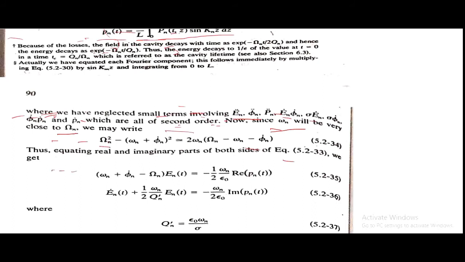Then we can write capital omega_n square minus (omega_n plus phi_n dot) square nearly equal to 2 omega_n times (capital omega_n minus omega_n minus phi_n dot).